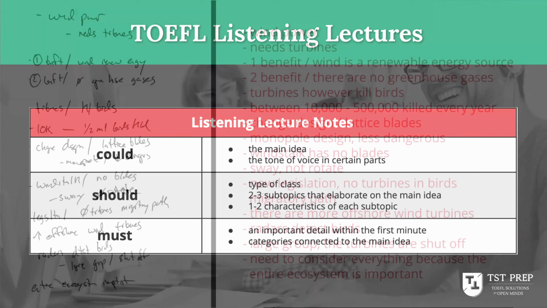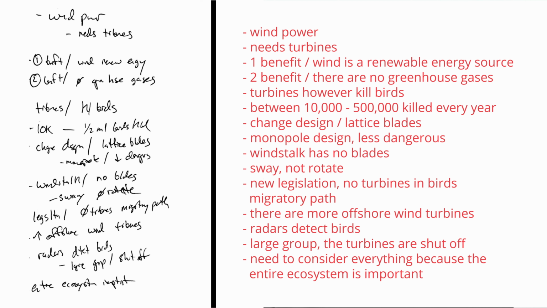All right, and these are my notes for the example from your diagnostic test about wind power, and it looks like a lot. Okay, I know it looks like a lot, but remember this is a 5-minute talk. So they talk for 5 minutes or 4 minutes, something like that, and so there's a lot of information.